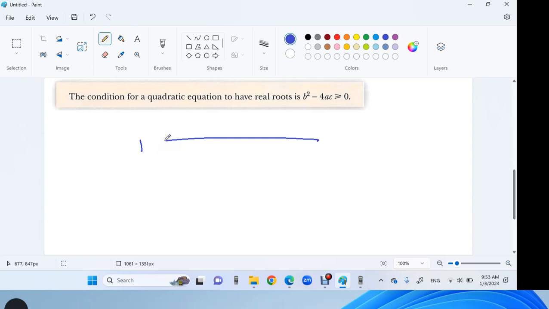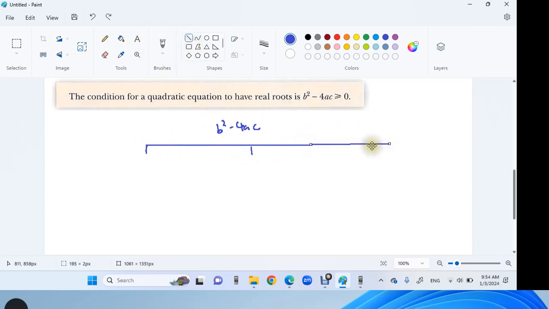Like what I summarized yesterday, we have b squared minus 4ac here, and three conditions: greater than 0, equal to 0, or less than 0.